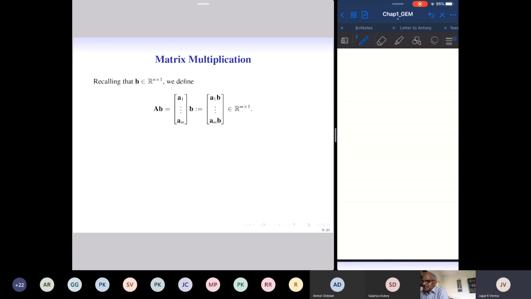So the matrix A is acting like a function. B had n components, so it maps n-dimensional space into m-dimensional space. So with the matrix A, we have a function from n-dimensional space to m-dimensional space.